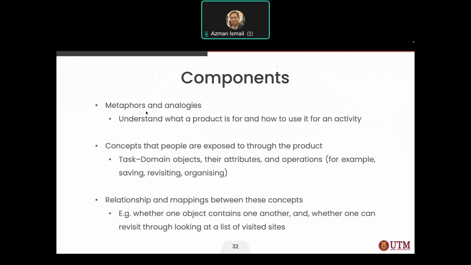Then the concepts that people are exposed to through the product, like task domain, attributes, and many others. The relationship and mapping between these components or concepts is also important. So there are three components of a conceptual model: metaphor and analogy, concepts that people are exposed to, and the last one, relationship and mapping between these concepts.